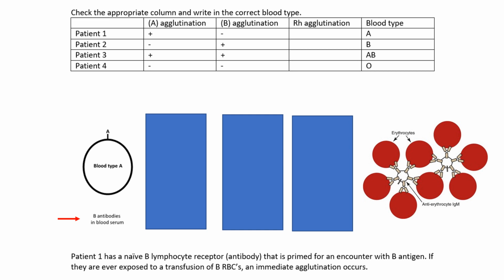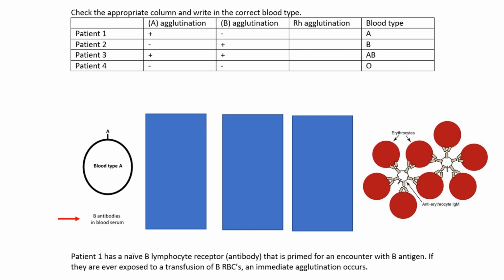And remember, these encounters are things that are foreign to that patient. So that patient has blood type A, so what would be foreign to them would be to get a different blood type, like B. So therefore they have an antibody specifically for blood type B. So the B lymphocyte is primed for that encounter. It is a virgin. It is naive. If it is ever exposed, then agglutination will occur.